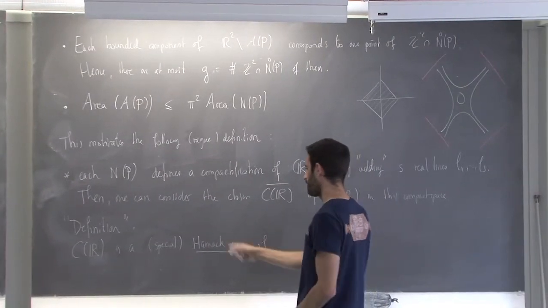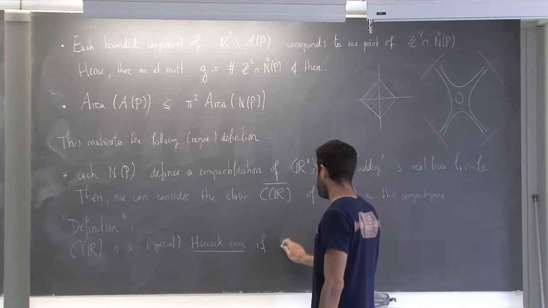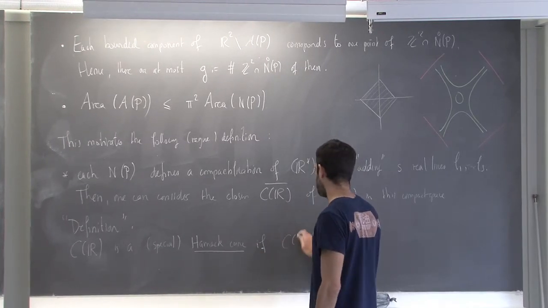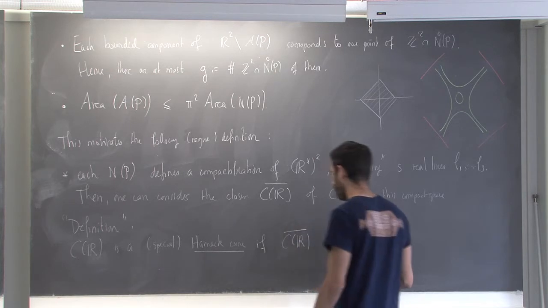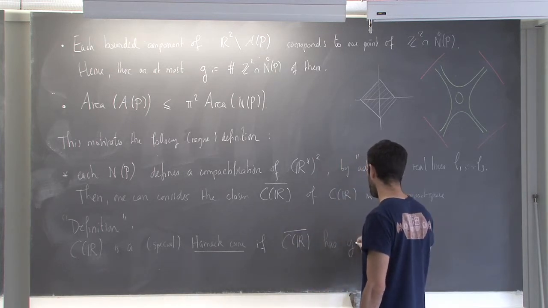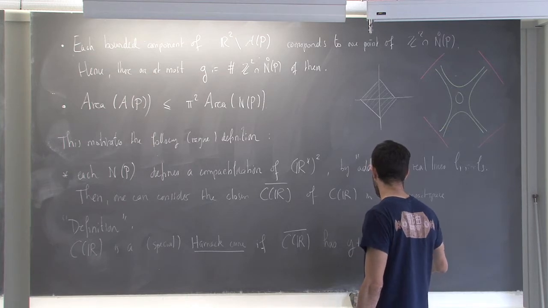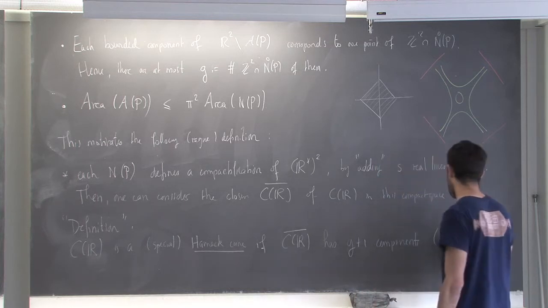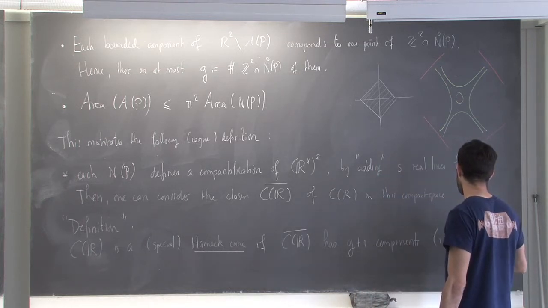So let me just write this. It is a special Harnack curve if this compactified curve has the maximal number of components, that is G plus 1 components, or we call them ovals, i.e. the maximal number.